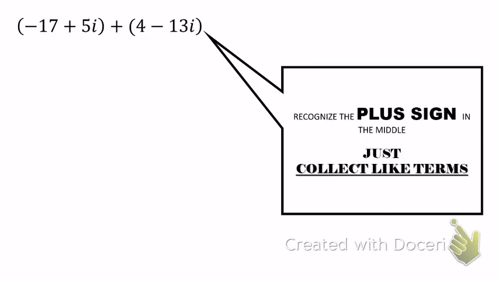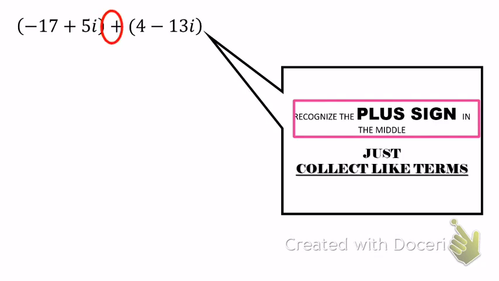Let's look at this next one. Please, please recognize this plus sign here. Okay? There's a plus sign. This doesn't mean multiplication. On the test, I saw tons of people multiplying, FOILing this out. There's a plus sign in the middle. So all we're going to do is collect like terms.